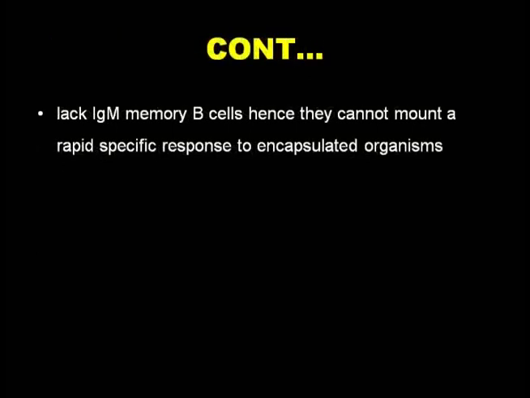We also know that most asplenic children lack IgM memory B cells, because some of these memory B cells are stored within the spleen. So because they lack these memory B cells, they cannot mount a rapid response to these encapsulated organisms. So when they get the infections, they can't fight it off immediately, and so their immune systems are compromised, and they build up severe infections.